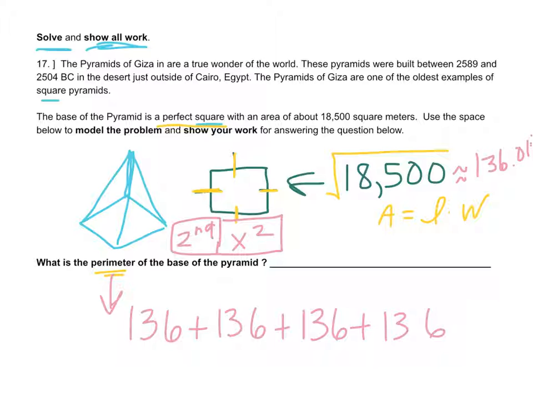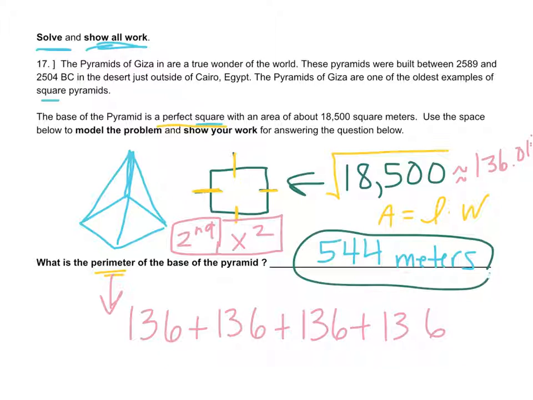When I add all that together, I get my final answer of about 544 meters as the perimeter. So the key here was it was a perfect square. And because it's a perfect square, and we knew the area, I could take the square root of that to get a side length, and then take that side length and add all around the square to get the perimeter.